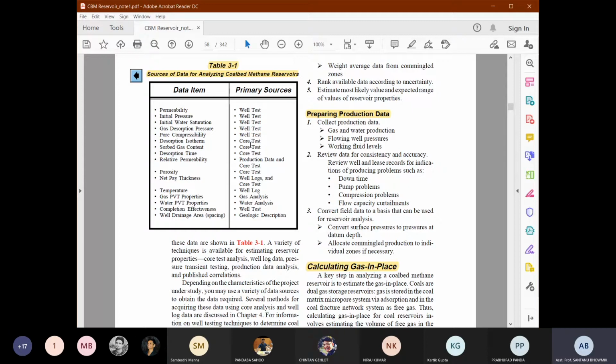Now in your mining classes, you must have seen that in development you are only allowed to go for a maximum seam height of 3 meter, and in depillaring you will be able to go at a single stage by the roof whitening process up to 4.8 meter, and if you are going for multi slice, you can go up to 6 meter. Otherwise for single slice it's 4.8 meter.